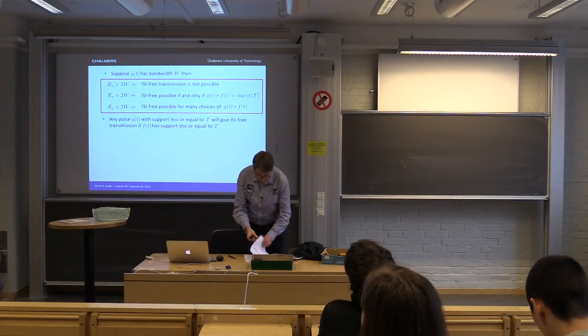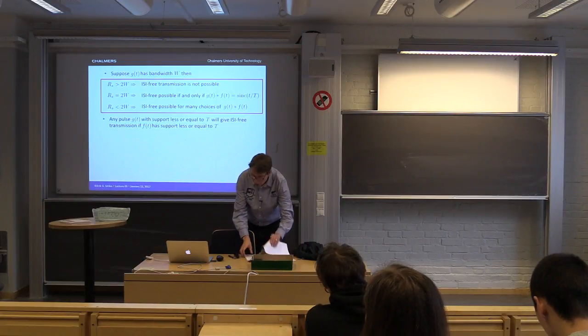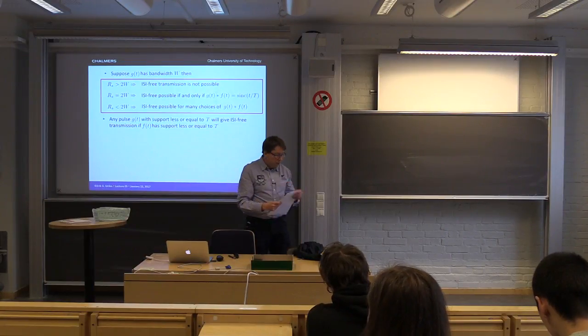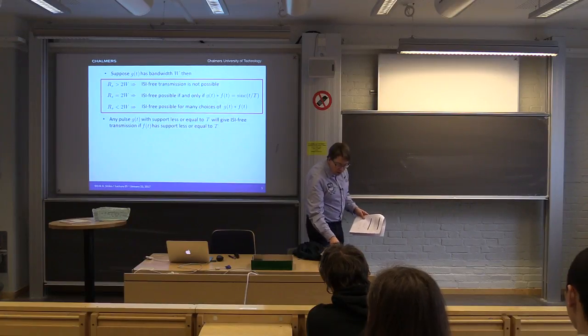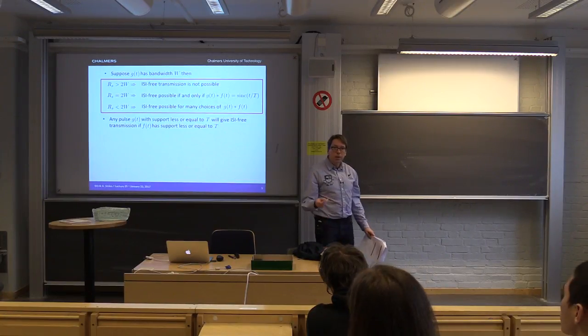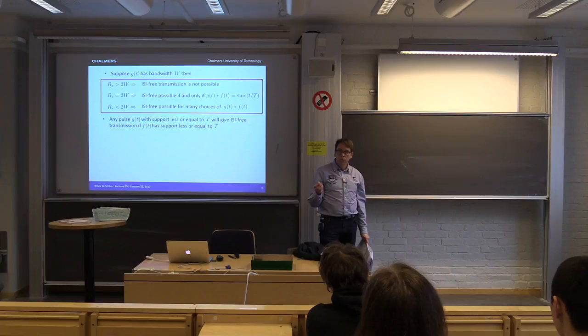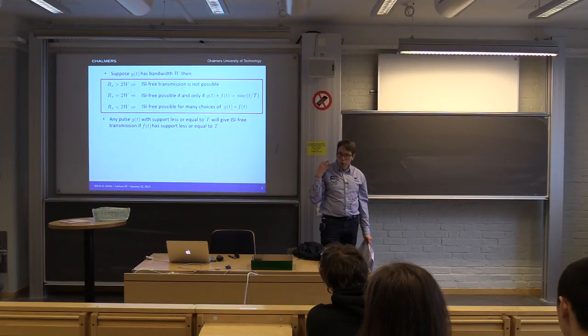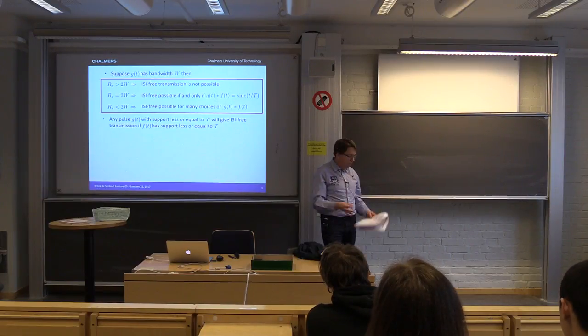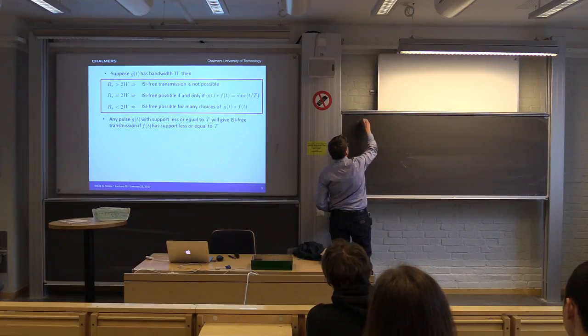In the practical situation, we are actually operating with a symbol rate which is a little bit less than twice the bandwidth, and that is to limit the complexity of everything.